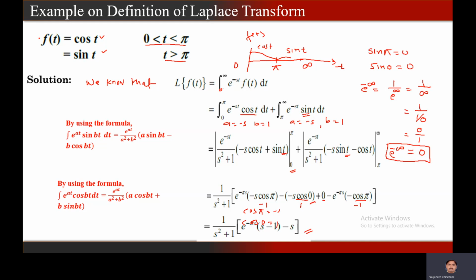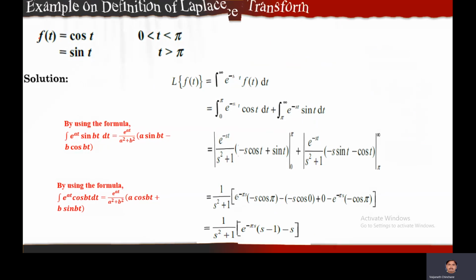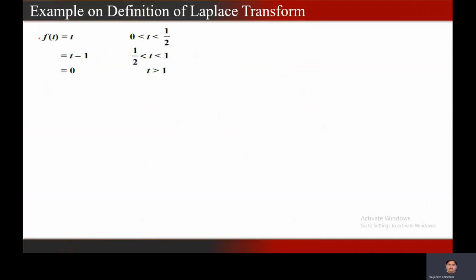So this is about the example. Now we see the next example, this is our third example. Here we find the Laplace transform of this. First of all, this is your f of t, it is t, and lastly infinity.